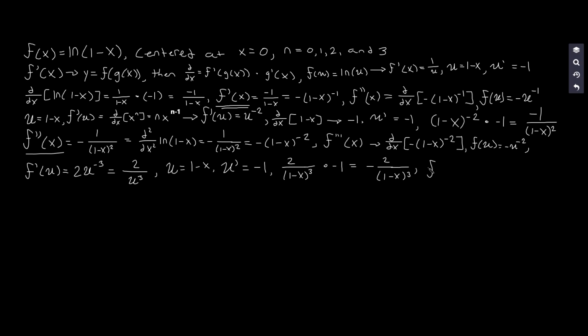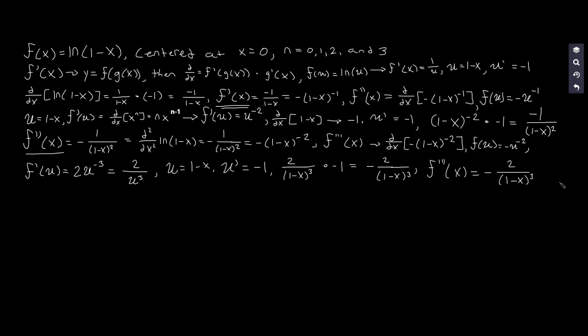And so what that means is that f triple prime of x is going to equal negative 2 over 1 minus x raised to the third power. All right. What we just did is find the first, second, and third derivatives for this.